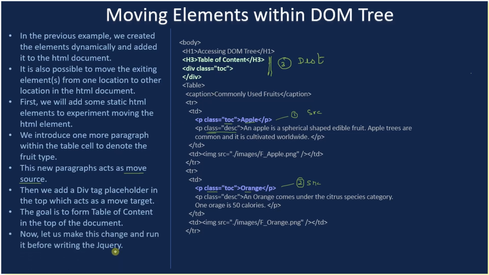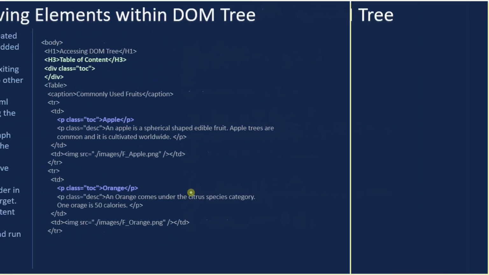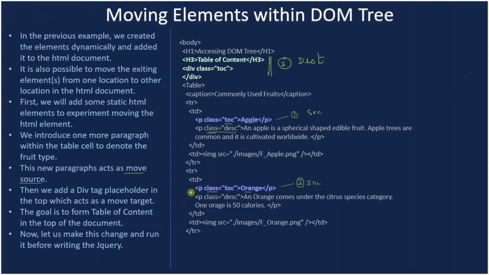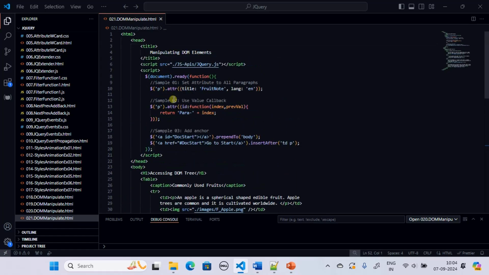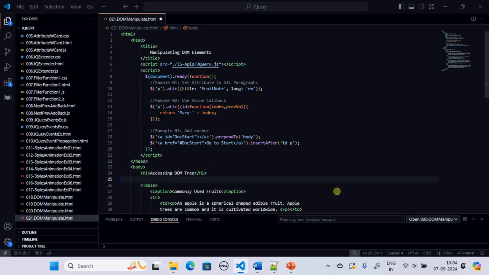Now let's make this change and run it before writing the jQuery. First we will make this change, then we will write the jQuery afterwards. Here we created a copy, 021 DOM manipulate.html. So here we will be placing the div tag.